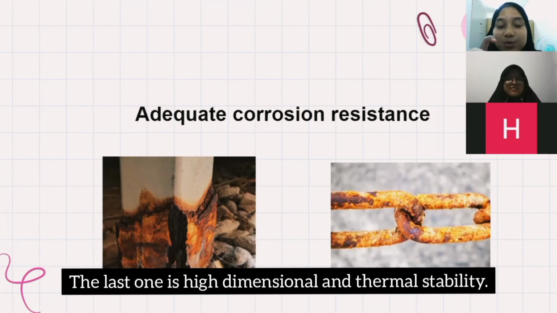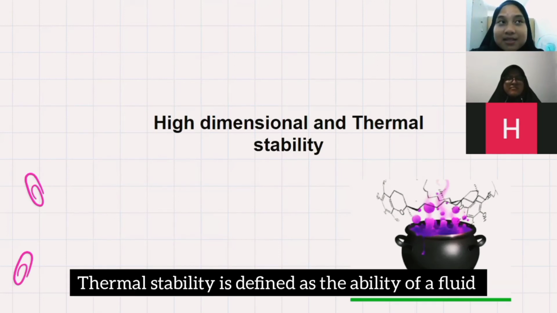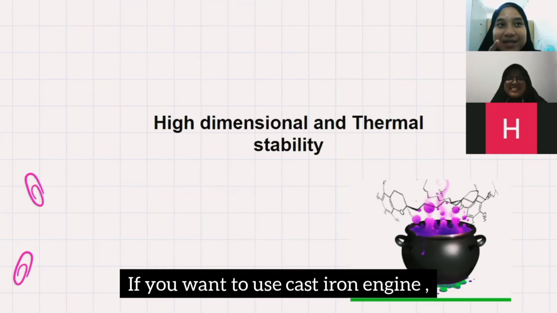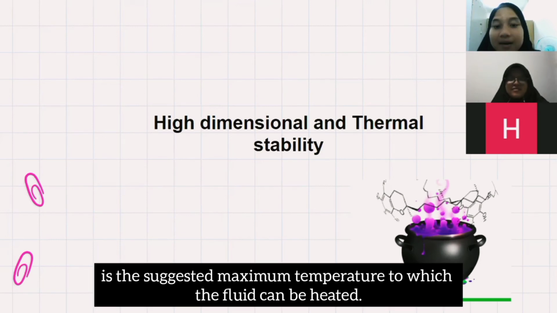Okay, the last one is high dimensional and thermal stability. Thermal stability is defined as the ability of a fluid to resist breaking down under heat stress. If you want to use a cast iron engine, the maximum use temperature is the suggested maximum temperature to which the fluid can be heated.